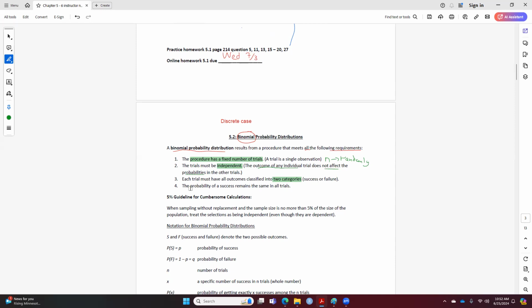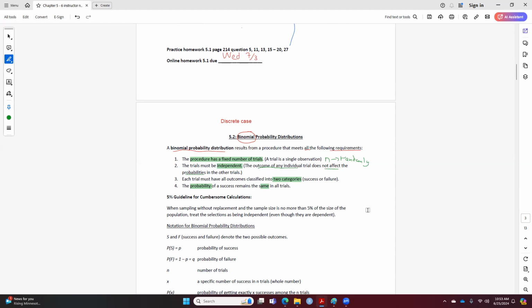And the last one is that the probability of success remains the same in all trials. What I mean by that is the probability that John answered that he has a credit card or not is 50-50. And then when I go to Rachel, her answer is also 50-50, yes or no, until she says yes or no. The same thing happens when I ask David, it's also 50-50.